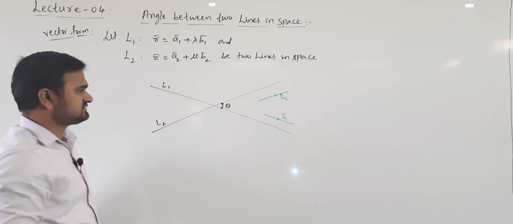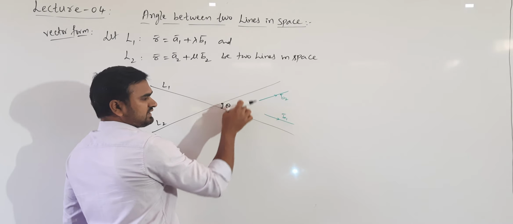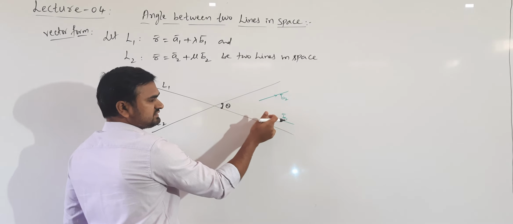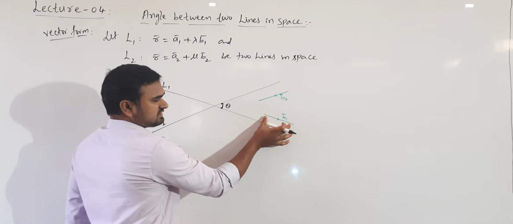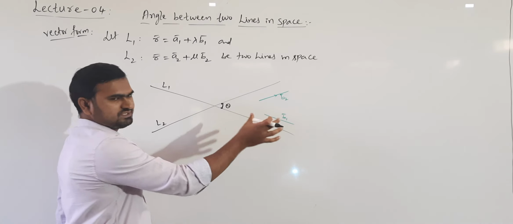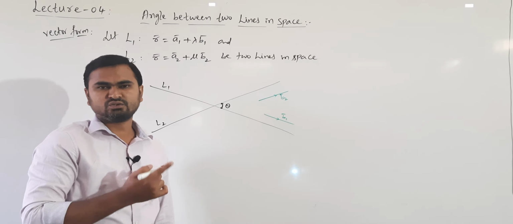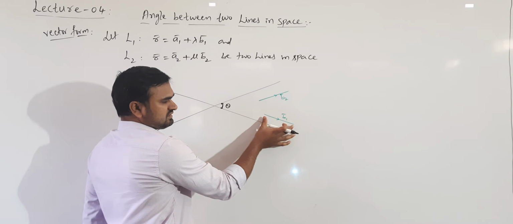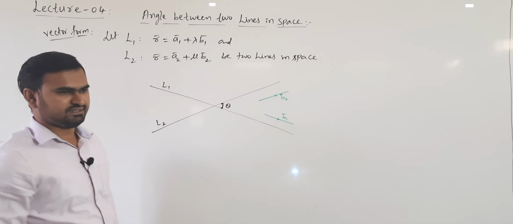Here we can observe one thing. Since these two vectors are parallel to the two lines, the angle between the two lines will be the same as the angle between the vectors b1 bar and b2 bar. These are free vectors, so we can move them anywhere in space without changing magnitude and direction.